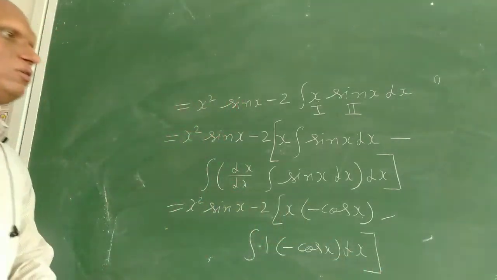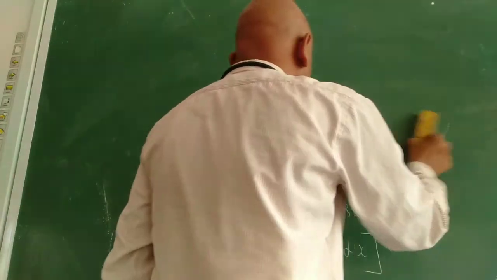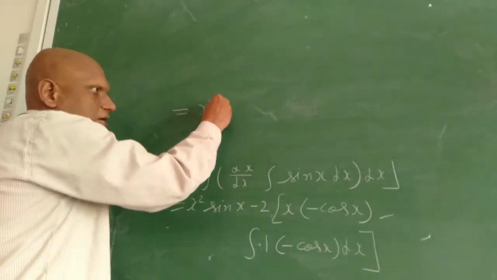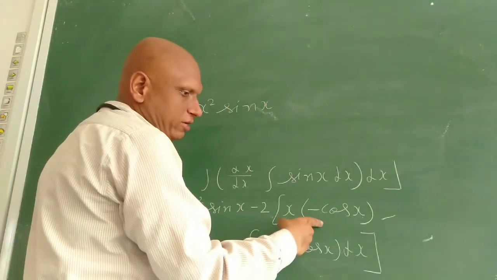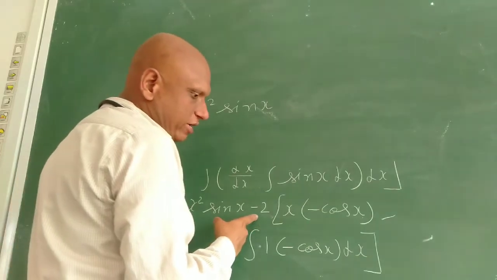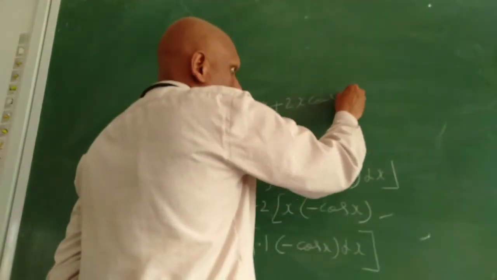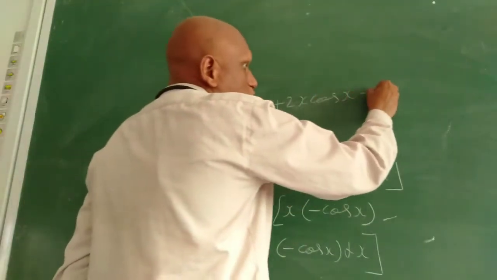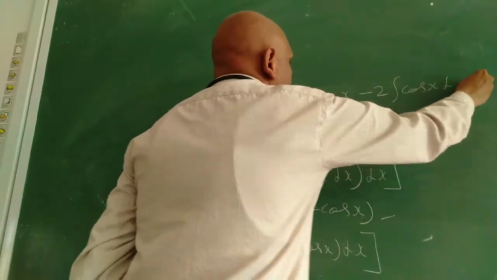Okay, now x square sin x minus 2 multiplied within the bracket. We get minus minus plus 2x cos x, minus minus plus minus 2 integration of cos x dx.